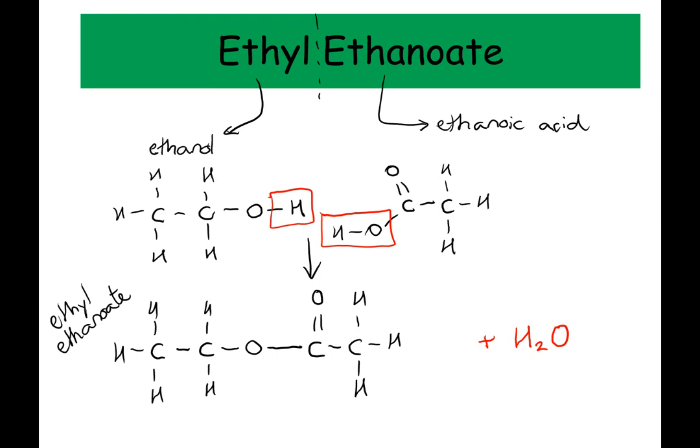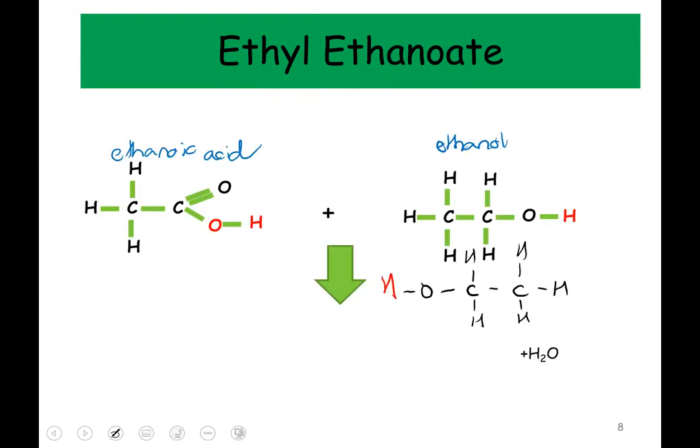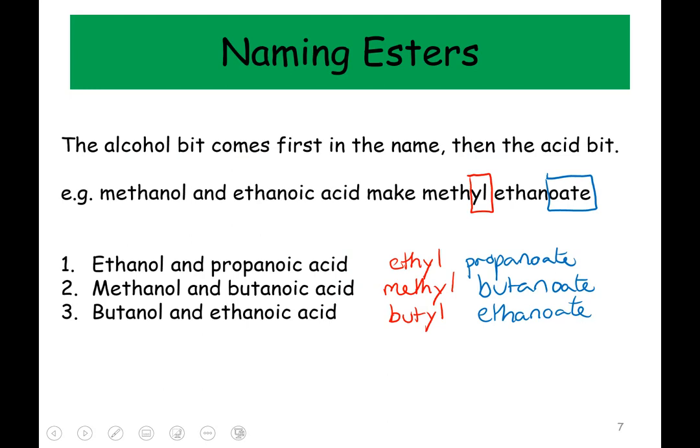You probably won't be asked to do the reaction for any of the ones more complicated than ethyl ethanoate, but you should know how to name them like this. So you should know how to do the name of the different esters if they give you the alcohol and the carboxylic acid. Okay?